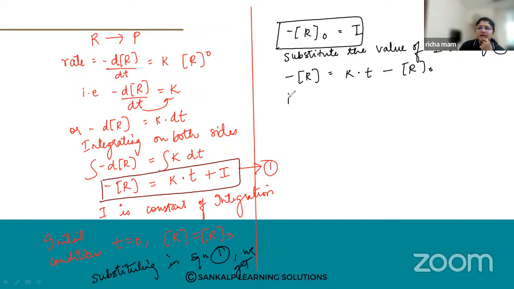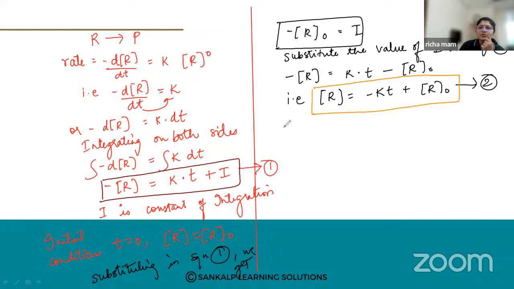After substituting the value of I, we take this minus inside. So R equals minus kt plus R naught. This is your equation number 2. Now let us rearrange it.